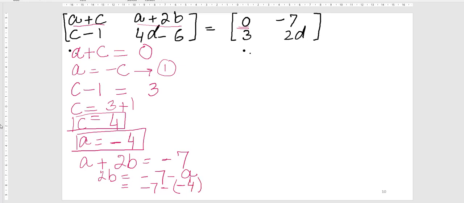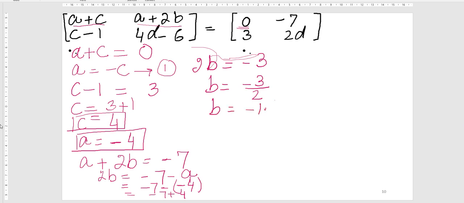That is why it will become positive. It will be equal to minus 7 plus 4. I will do the remaining part here. So 2b is equal to minus 3, and b is equal to minus 3 over 2, which will be equal to minus.